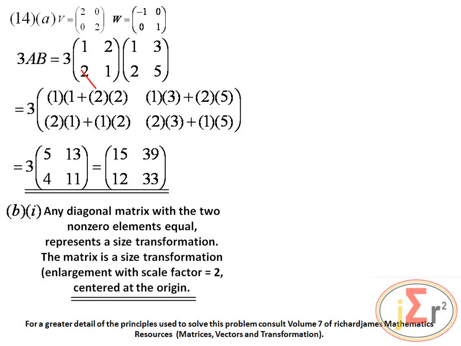The matrix is a size transformation, as a matter of fact, an enlargement with scale factor 2 that is centered at the origin. So we have the diagonal matrix, the two numbers in the leading diagonal are equal, so this matrix always represents a size transformation, and the scale factor will be the equal numbers that we have right there. So the scale factor is 2.